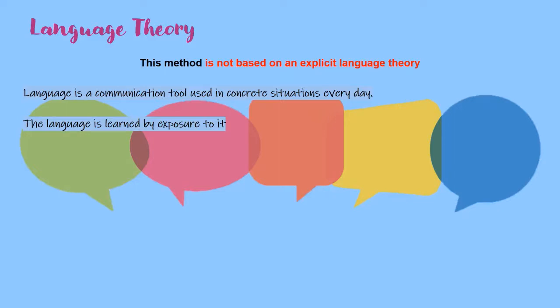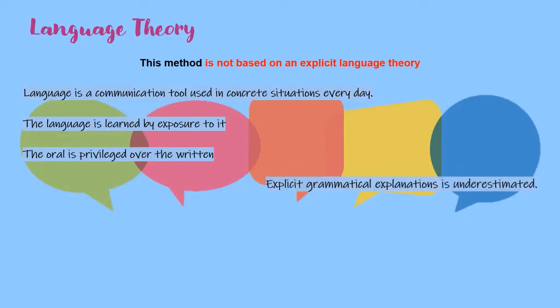For this reason, the oral is privileged over the written. Also, the usefulness of explicit grammatical explanation is underestimated and translation is censored. Learning is inductive and the prototype of the language is informal oral language.